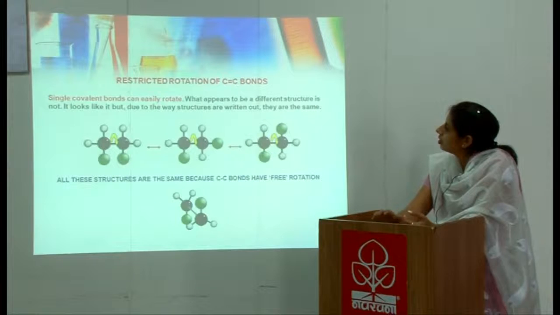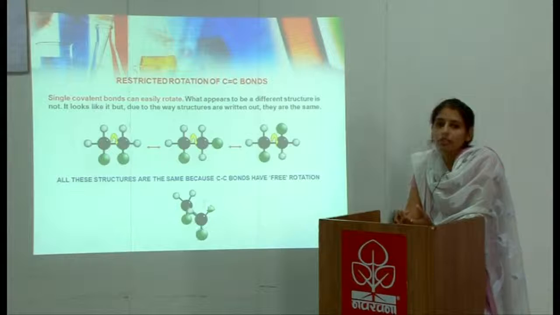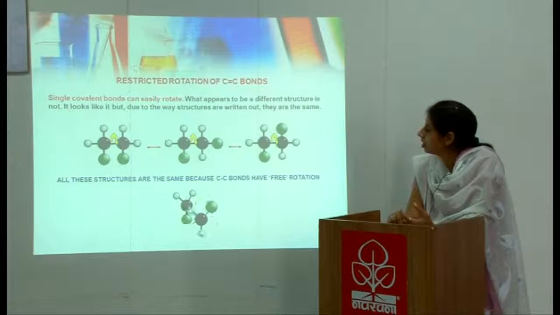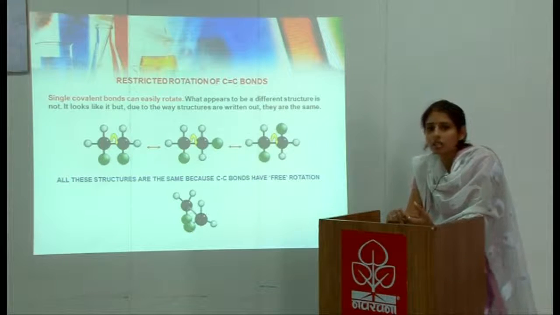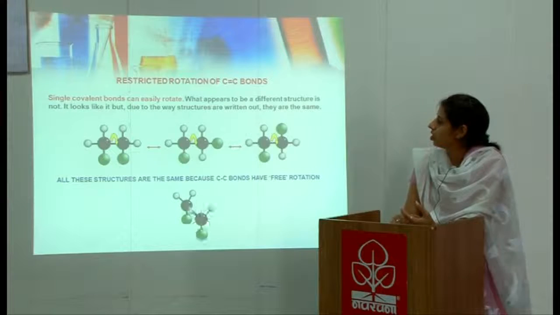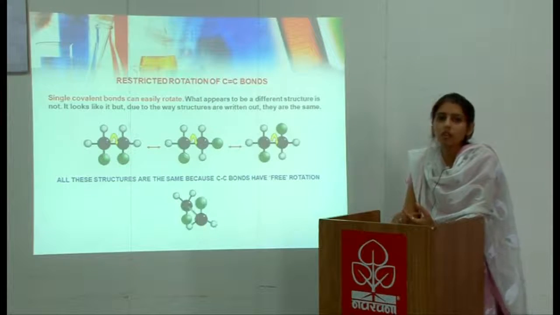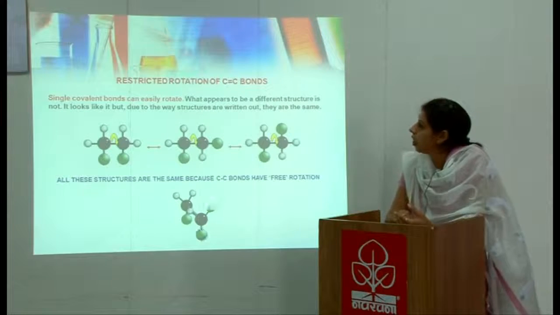Now, why do compounds with double bonds and triple bonds show geometrical isomerism and not single bonds? The reason is that in single sigma carbon-carbon bonds, the rotation is very high, so you cannot identify groups on the same side and groups on the opposite side.